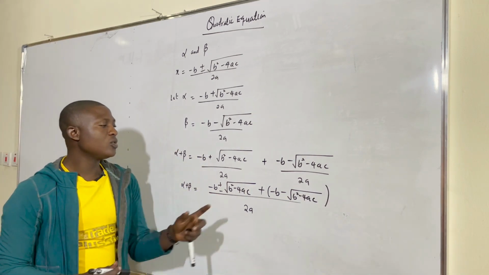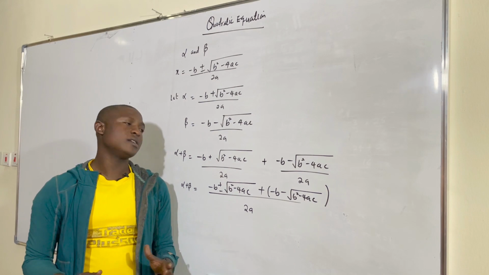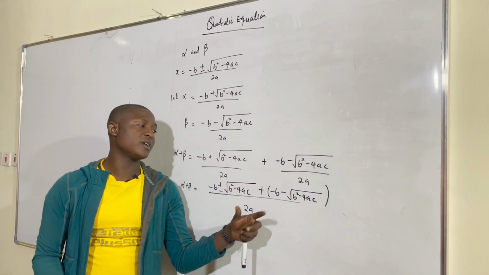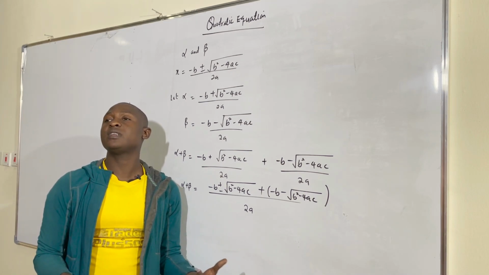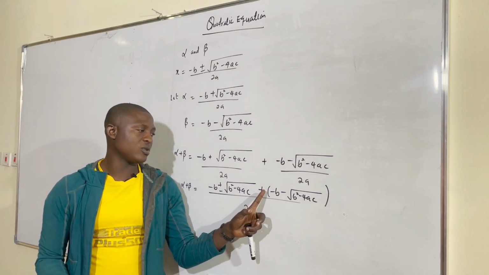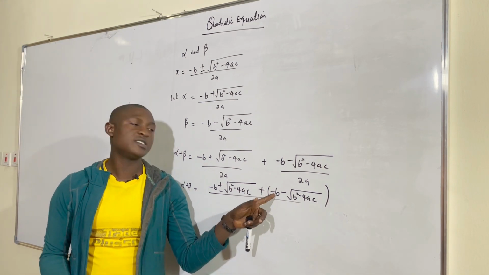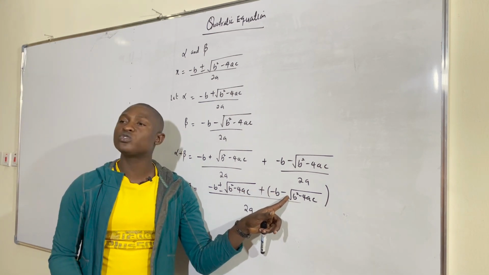Now, remember how we normally play with our signs. Plus times minus is minus, and minus times minus is plus. So now, if I multiply all this by positive, of course, it's going to remain as a minus, because plus times minus is minus. At the same time, plus times minus here is also going to be minus.